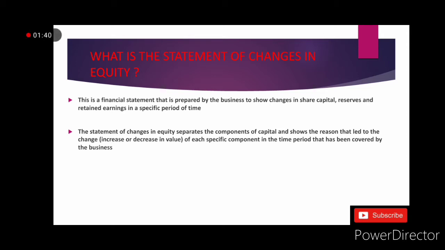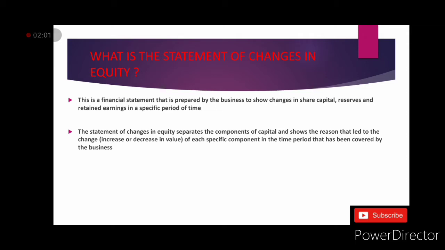So it separates all those components of equity. It will show share capital as share capital, retained earnings as retained earnings, and all those other components individually. It will show their valuations at the start of the financial period that this statement of changes in equity is covering.